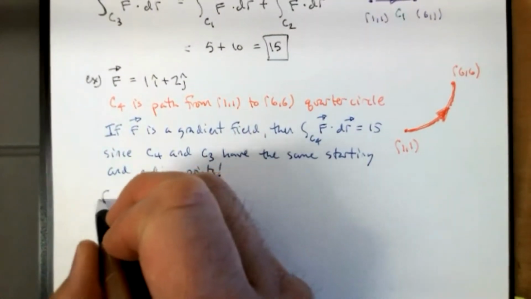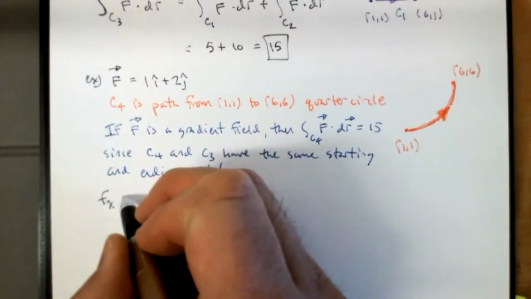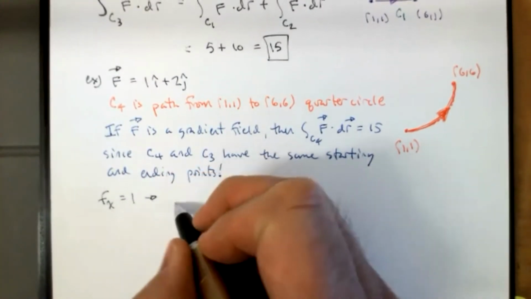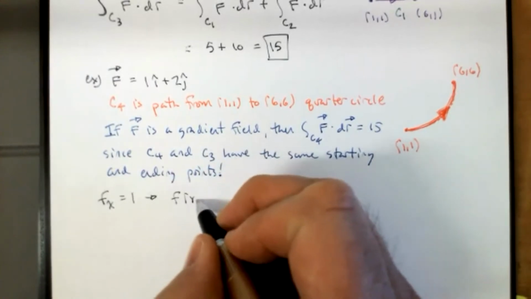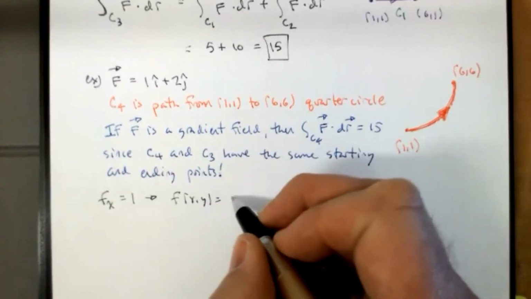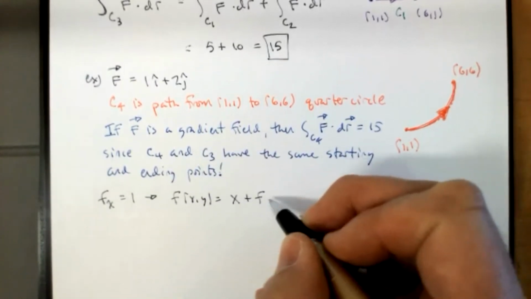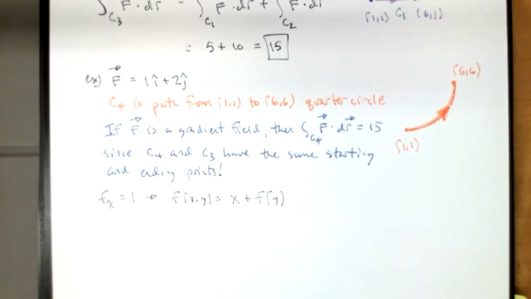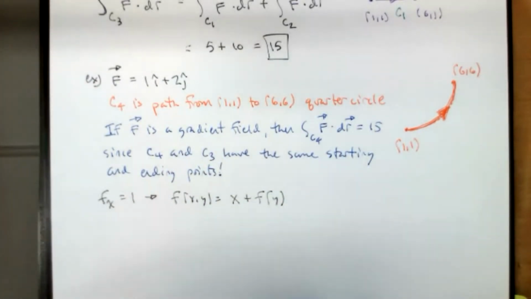If fx of xy is equal to 1, that means f of xy will have to be 1x plus some function of just y. Well, I shouldn't call it f.